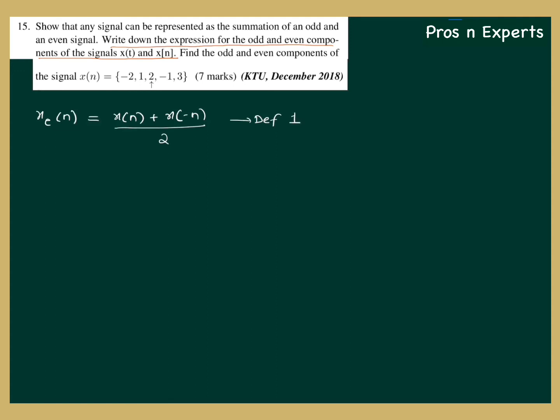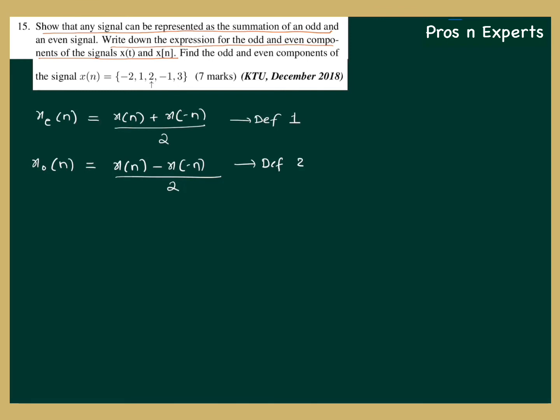Similarly, the odd part of any signal x of n is given by xo of n, which is x of n minus x of minus n, whole divided by 2. This is definition 2. So that completes the second part. Now, using these definitions, we have to show that any signal can be represented as a summation of an odd and an even signal.